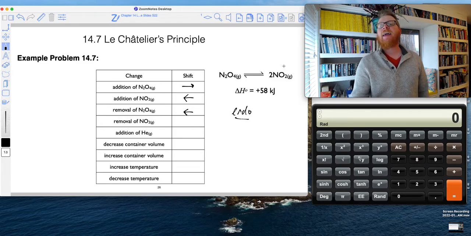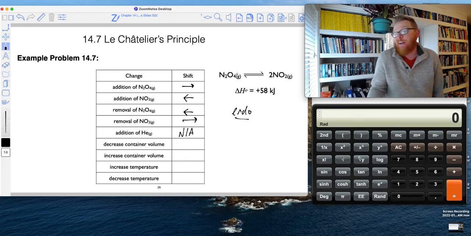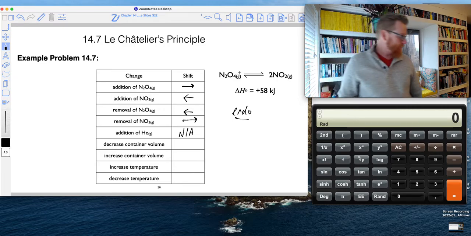And similarly, if I remove NO2, this N2O4 is going to want to shift in a way that fills in that missing NO2 that was removed. Okay, so what if I add helium to this reaction? Nothing. We'll just say not applicable, no change, because helium's not involved in this reaction. It doesn't change anything at all.